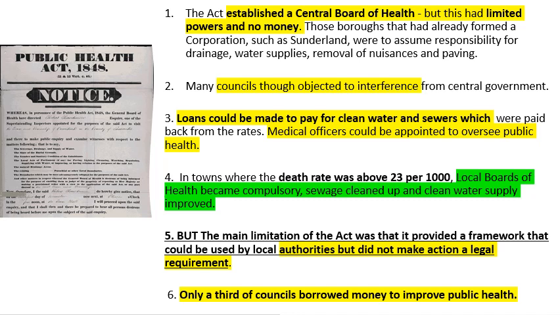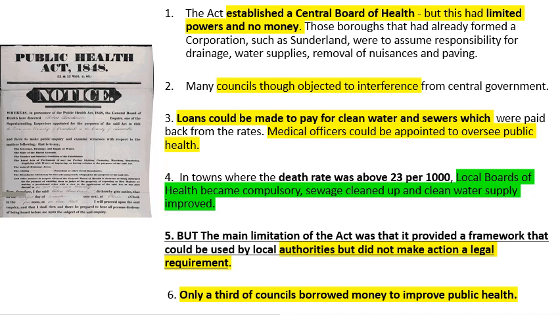What the Act did do, though, importantly, was make loans of money available. So if any council did want to adopt these public health measures, these recommendations of cleaning up the streets, providing clean water, and building sewers and drainage, they could pay for that with money they borrowed from the government, and then pay it back with money they would raise by increasing their local rates.